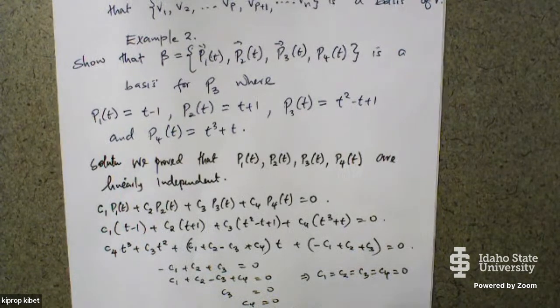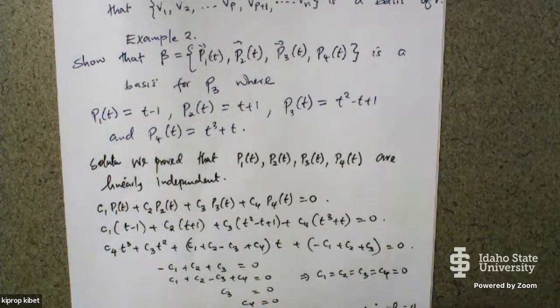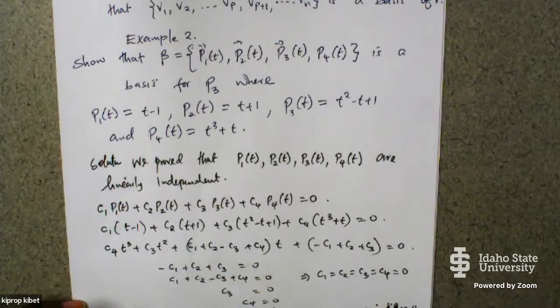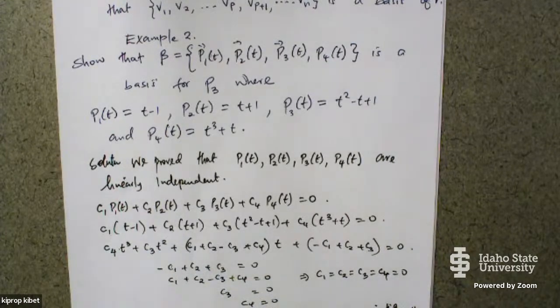Now, since the polynomial of real coefficients is of dimension 4, or just dimension. So since dimension of P3 is equals to 4, we found out that the number of bases here are 4.